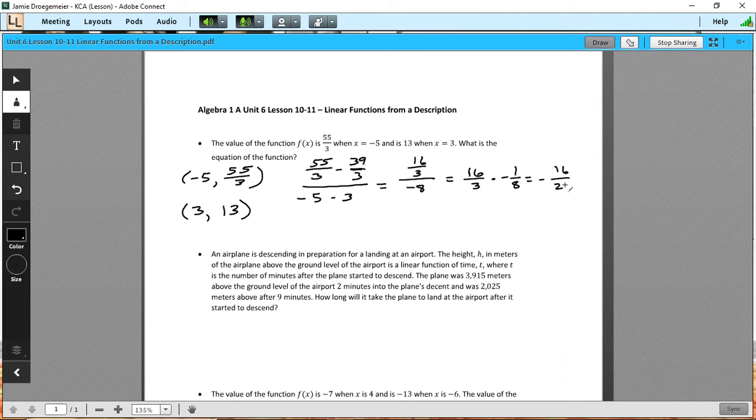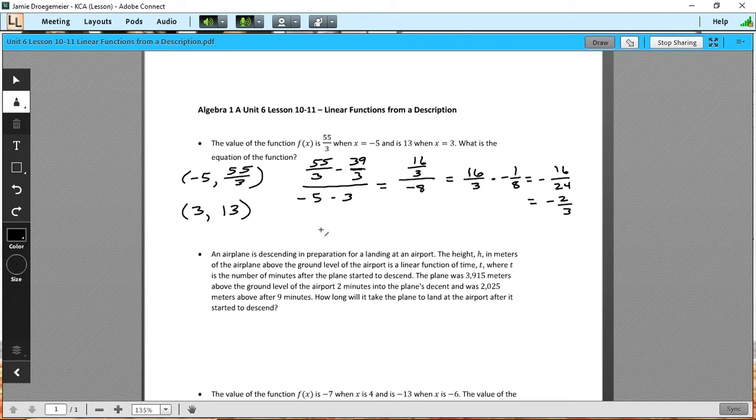This is going to be -16 24ths. Those are both divisible by 4, so I can simplify this one more time. I'm almost out of room there, so I'm going to write it down here below. 16 divided by 4 is 4. Oh, actually, let's see. I can divide both of those by 8, can't I? So 16 divided by 8 is 2. 24 divided by 8 is 3. So -2 thirds, that's my slope.